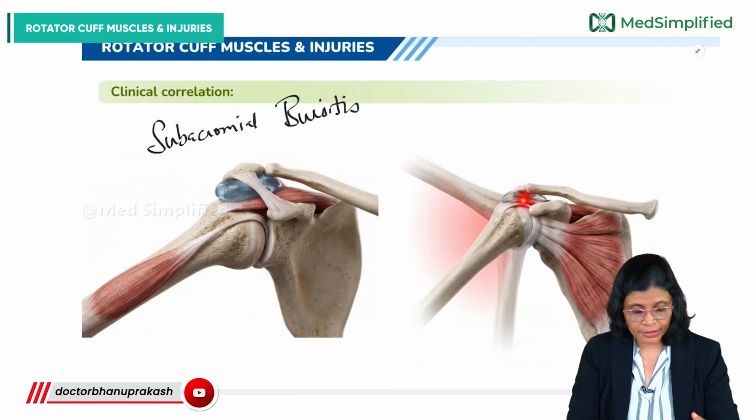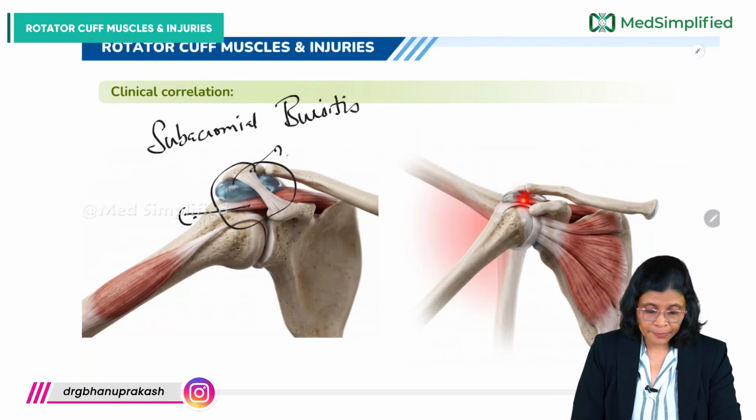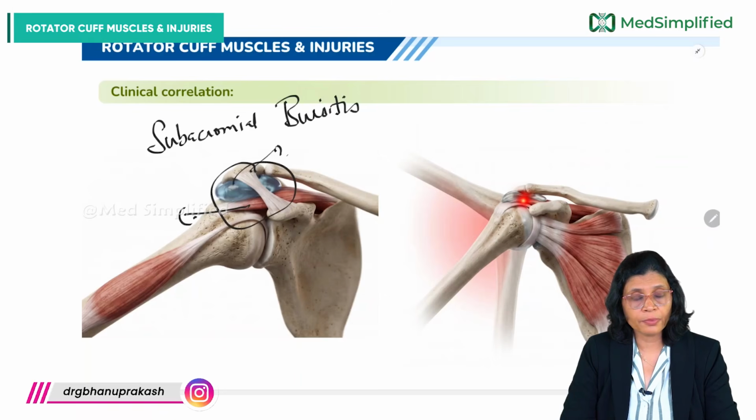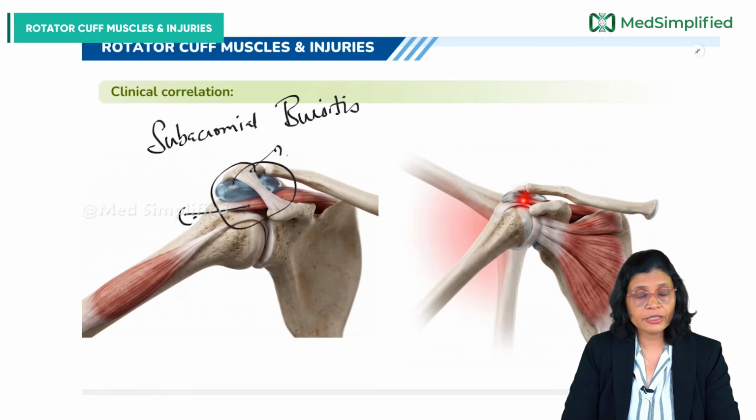It is present beneath the acromial process. So it is between the acromial process here and the supraspinatus tendon below. Because of these calcific deposits, this bursa is repeatedly irritated, and that leads to its inflammation. Okay, so what happens? Inflammation and swelling. So during the abduction movement, it gets impinged.